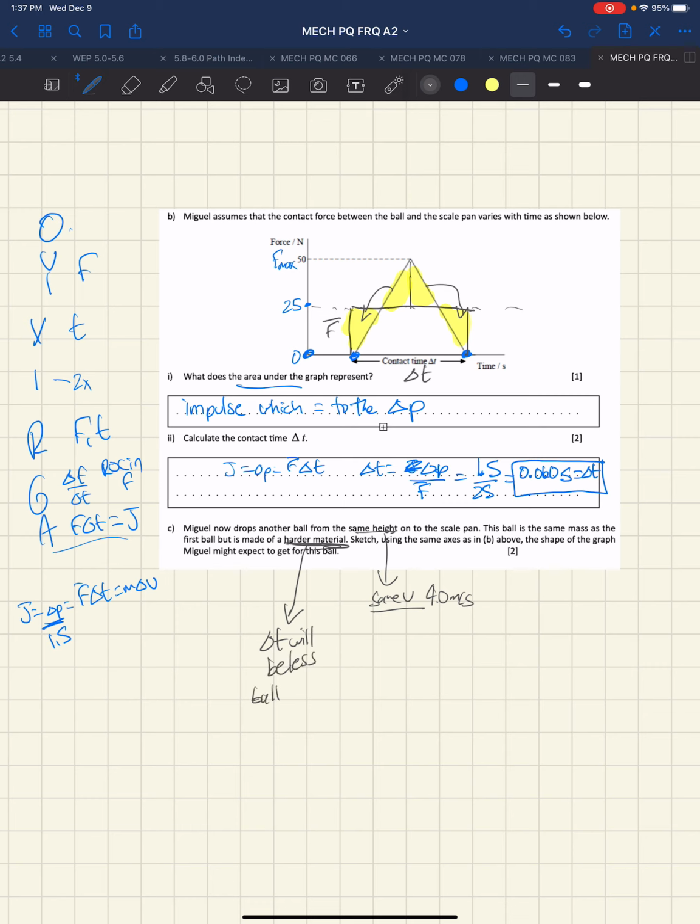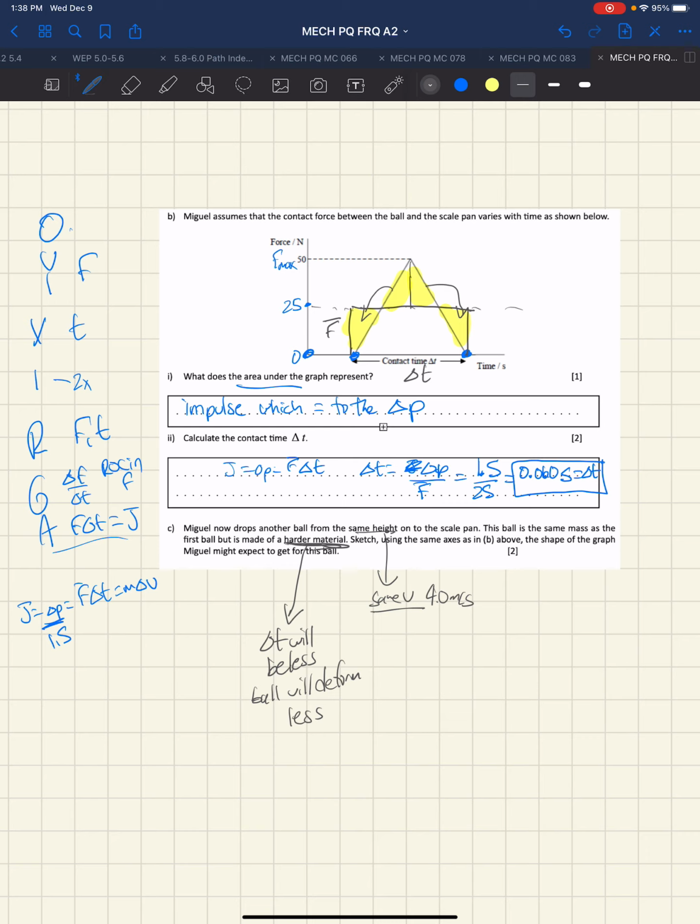The ball will deform less. And if we think about padding, of a boxing glove, of a pad, any kind of pad, we've spoken about that. What that does is it increases the time. So delta t will be less. It will deform less, so we'll have a smaller delta t.